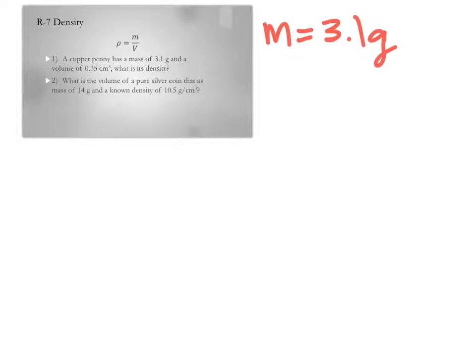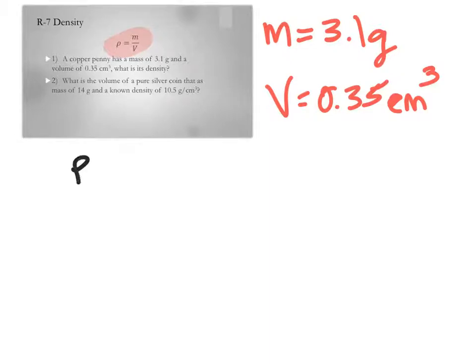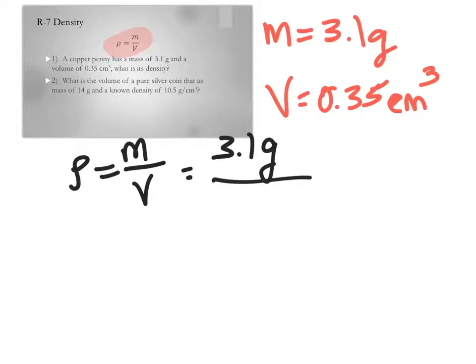You have mass 3.1 grams. The volume is 0.35 cubic centimeters. That's a C, not an E. Okay. And your equation is this right here. What we're solving for is the density, so we just can directly use that. And so your density rho is m over v, and we're going to have 3.1 grams, and we're going to divide that by 0.35 cubic centimeters.